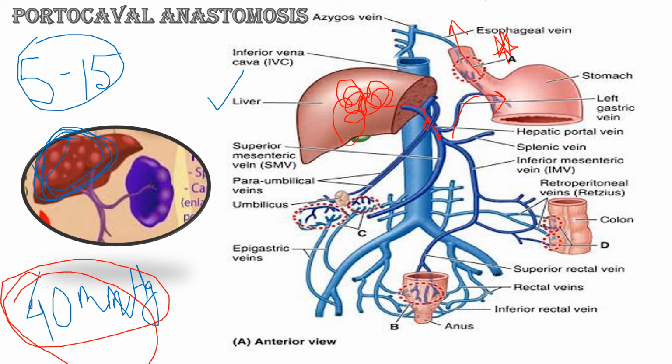Esophageal varices. It's a very important clinical condition because it may deteriorate the general condition of the patient and the patient may die ultimately. This can be very, very fatal. It can be very, very dangerous. And it may cause the rupture of the esophageal vein also if the pressure increases too much.